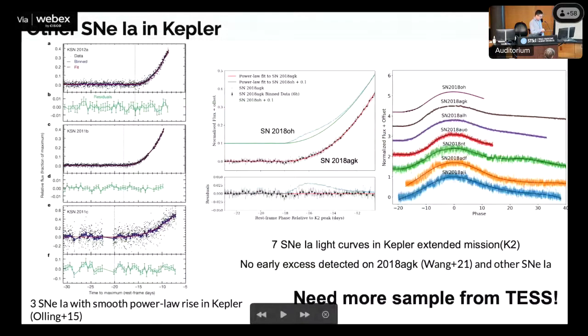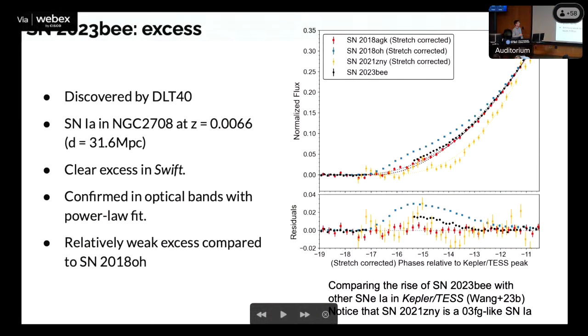Throughout the past 7 years, TESS has observed more than 300 type Ia's. And the first normal type Ia that we see that has early excess is 23be. So it actually takes a long time. In this plot, I compare that with other high cadence light curves of type Ia's in the Kepler and TESS samples.